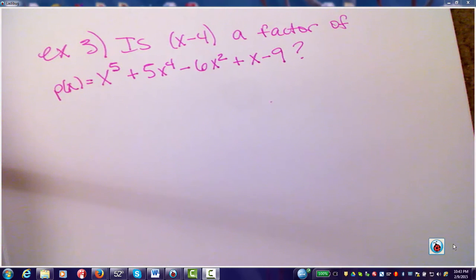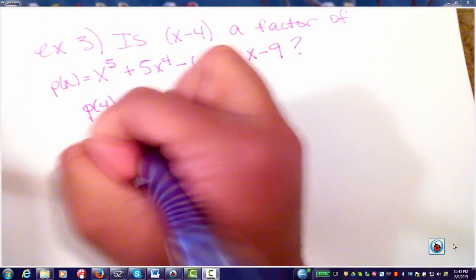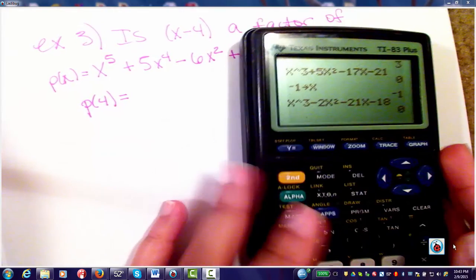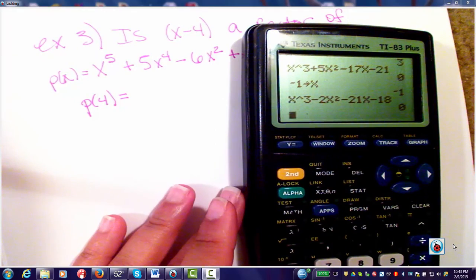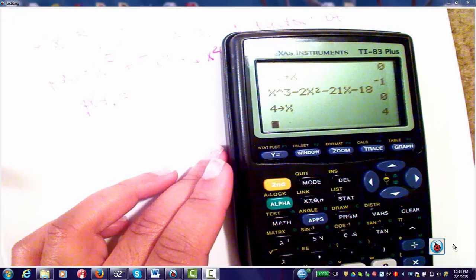Alright, so first we evaluate what p of 4 is. So let's get our calculator. Let's store 4 as our x value. So hit 4, store as x, and then hit enter.